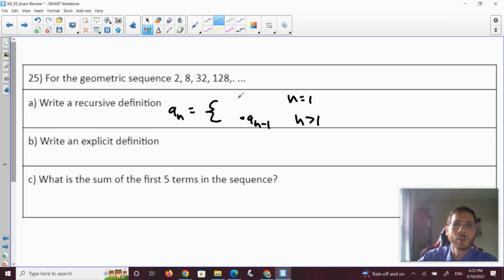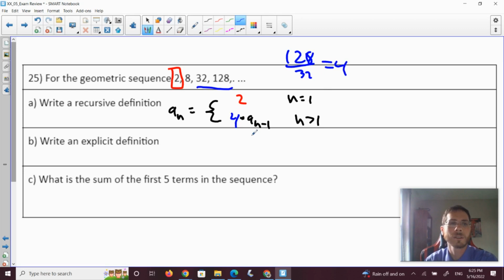What goes up here is the start. We see we're starting at 2. 2 is the first term, so we just put a 2 up there. To find out what we're multiplying by, I can take any two terms and divide them. 128 divided by 32 is 4. And so that's my equation. That's my recursive definition.